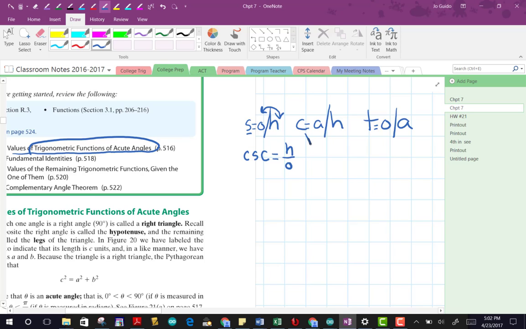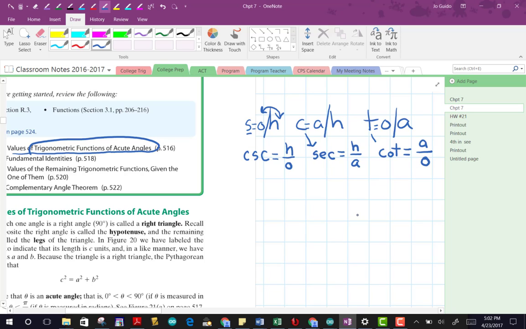Cosine starts with a C, so its reciprocal starts with an S, and so secant is equal to hypotenuse over adjacent, and then tan goes with cotan, and cotan is equal to adjacent over opposite.